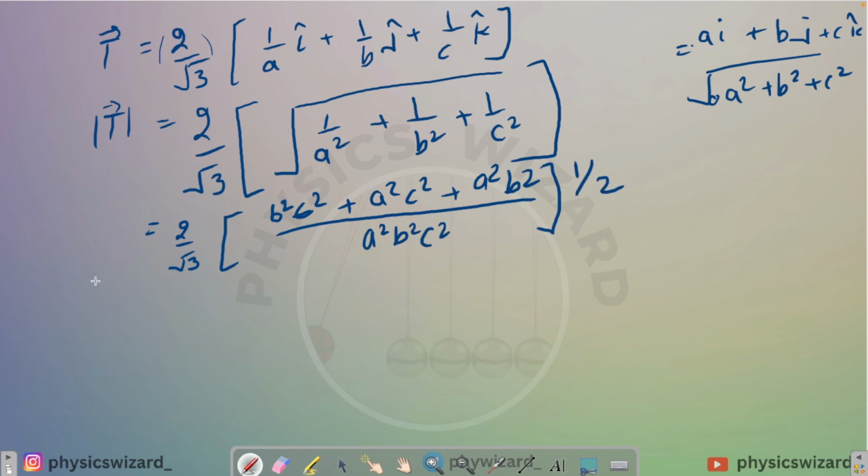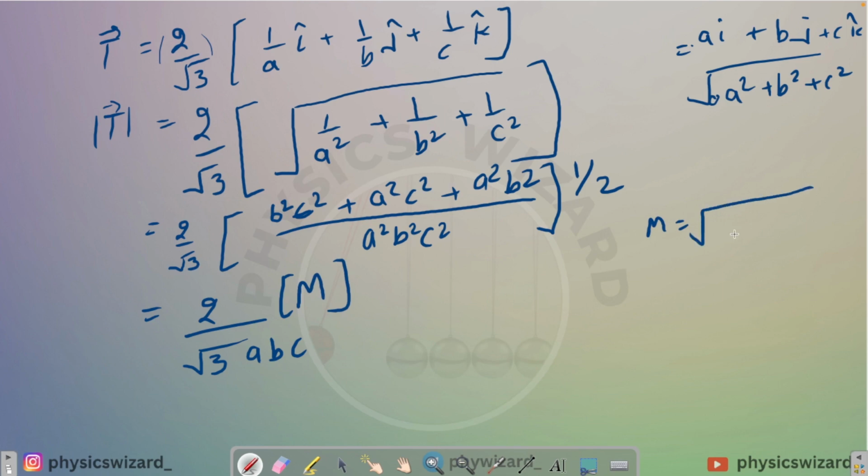It can come out of the root as 1 by abc, and let's call this quantity upside m. What is m? M is under root a square b square plus b square c square plus c square a square.